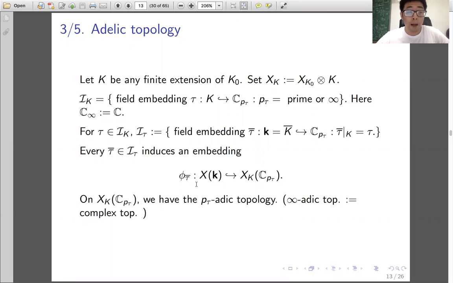For every τ-bar in I_τ, it induces an embedding φ_{τ-bar} from X(K) to X_{K'}(C_{p_τ}), and on X_{K'}(C_{p_τ}) we have the p_τ-adic topology, and when p_τ equals infinity, this is just the topology of a complex manifold.